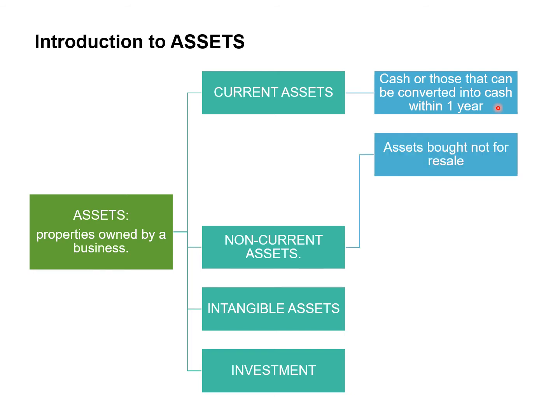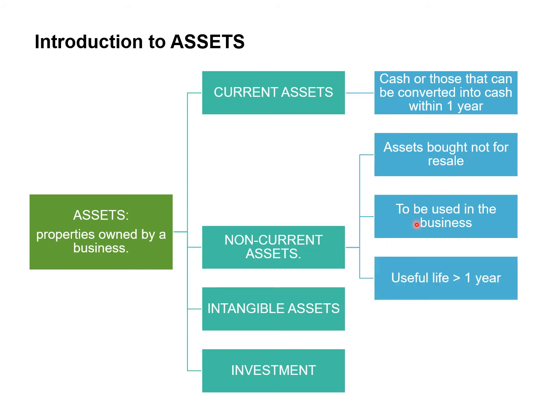Okay, next adalah untuk non-current asset, dia adalah asset yang kita beli not for resale, bukan untuk dijual semula. Asset juga, the non-current asset tu akan digunakan dalam perniagaan. And the useful life adalah more than 1 year. So kalau kita nak convert dia jadi cash, dia takkan dapat convert jadi cash dalam less than a year.